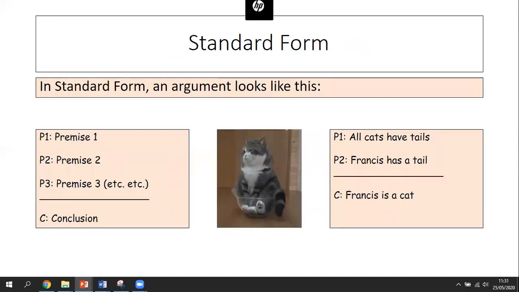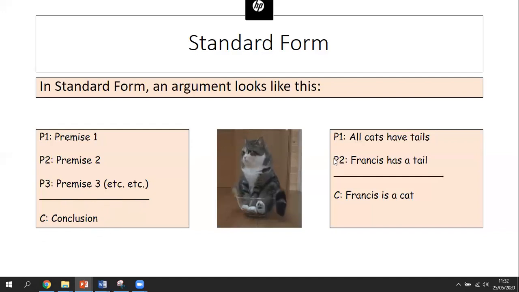So, in standard form, an argument takes this form here. P1 is the first premise, P2 is the second premise, P3 is the third premise, and this can go on and on depending how many premises are actually in the argument. You then have your inference bar here, which you must include, and then C, conclusion.